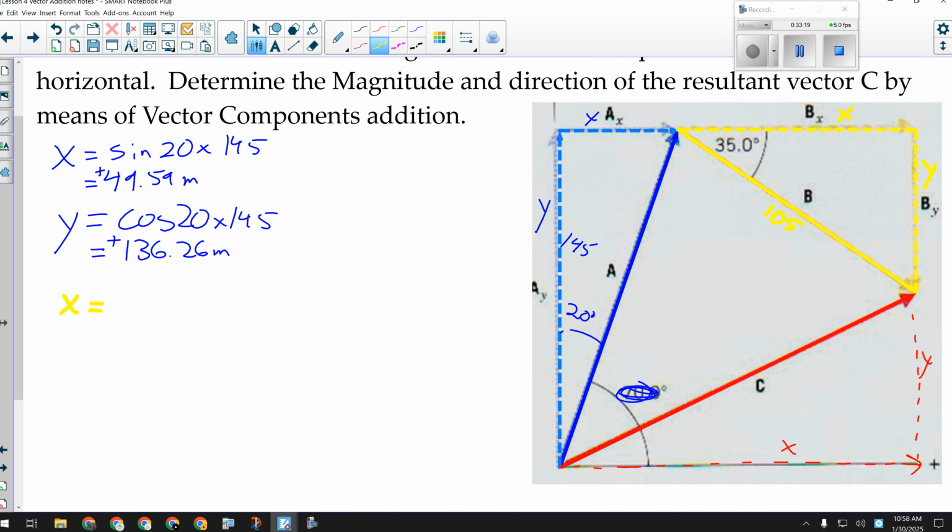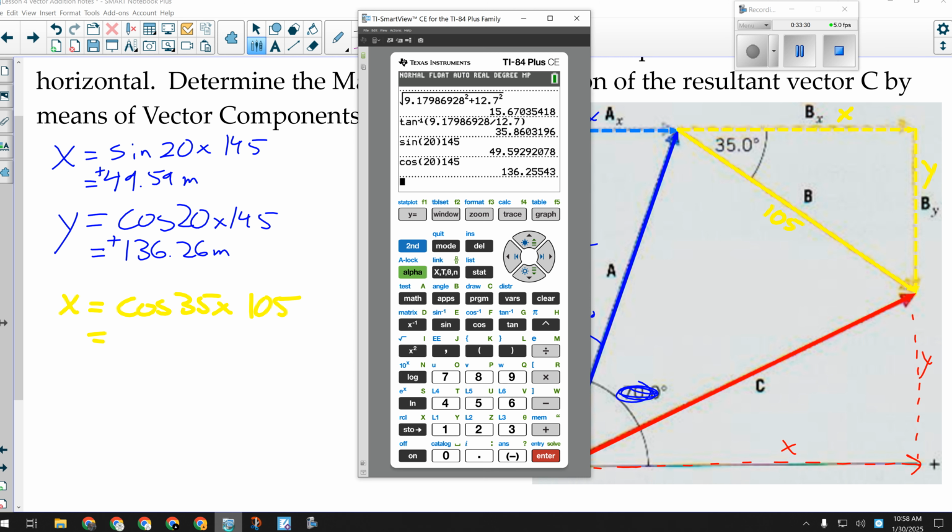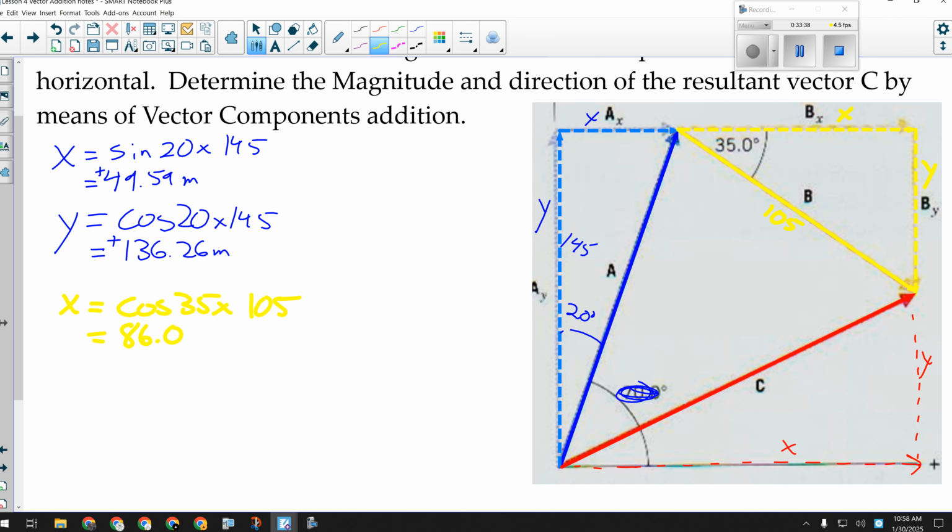So for that one, I'll use cos. 35 times 105. Okay, so 86.01 meters. That's also positive because it's in the same direction, it's to the right.